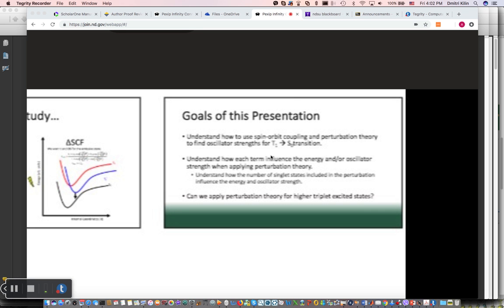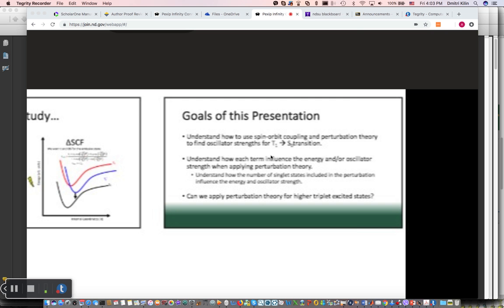Through this, later it will make more sense how we introduce the number of states into the perturbation theory and how that influences it. From literature, they don't really talk about applying this to higher triplet excited states other than just T1, and we'll talk about that at the end.